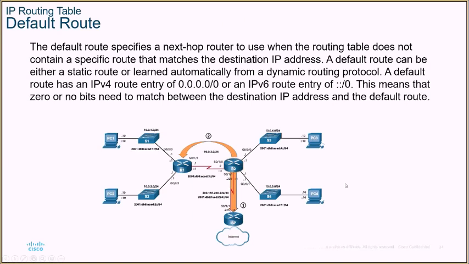Now, a default route specifies the next hop router to use when the routing table does not contain a specific route that matches the destination IP address. A default route can be either a static route or learned automatically from a dynamic routing protocol. A default route has an IPv4 route entry of 0.0.0.0/0, or in IPv6, it's ::/0. This means that 0 or no bits need to match between the destination IP address and the default route.